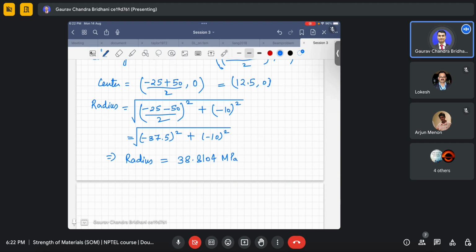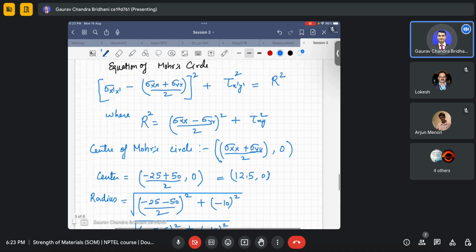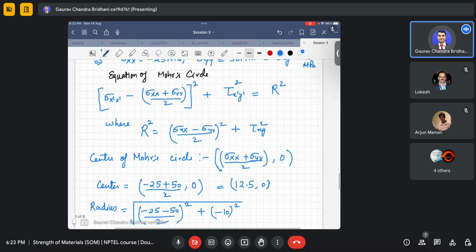It will be in MPa, around 38.8104 MPa. So we found the radius as well as the center of the Mohr circle.